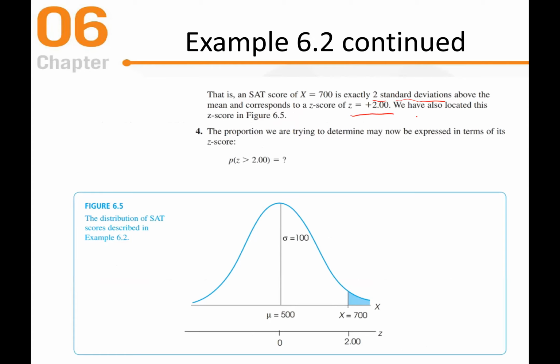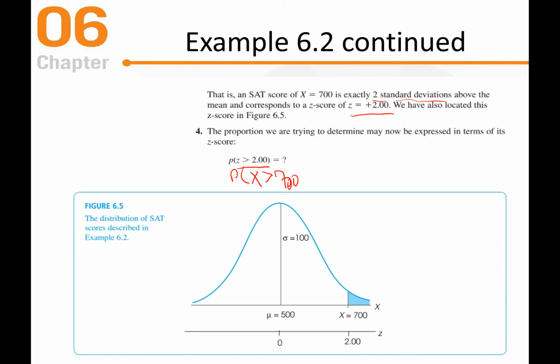And so finally, what is the proportion? The proportion is what we're trying to determine. So we change the notation and put in the z-score. What's the probability of getting a z-score that is greater than 2? That's equivalent to what we had before, which is the probability of getting an X score that is greater than 700.